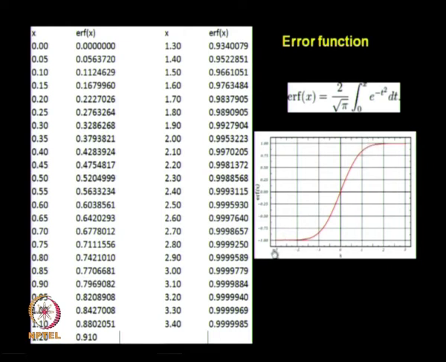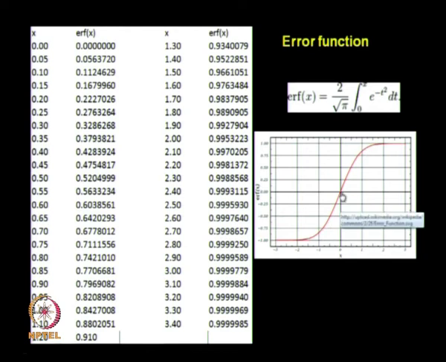When we move the x, that is whatever the term inside the parenthesis, when we move from a negative value to the positive value. Okay, so if we consider only positive range for x, that means x varying from 0, 1, 2, 3 and so on.